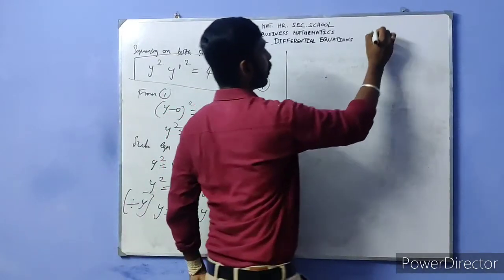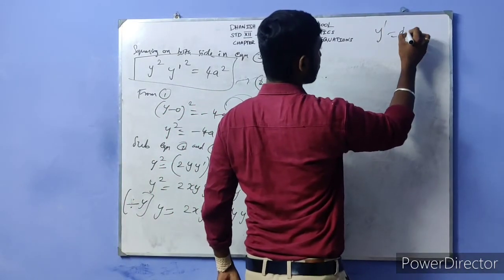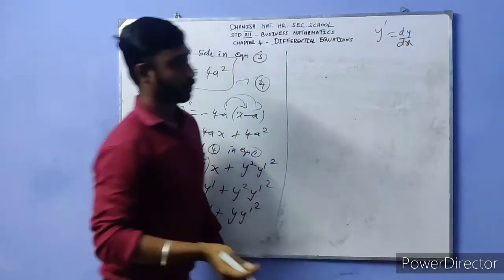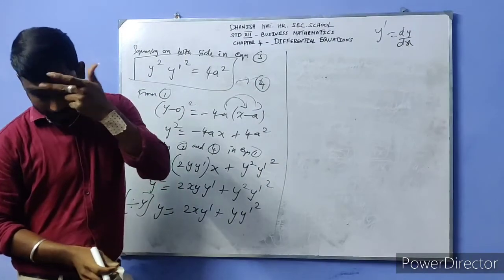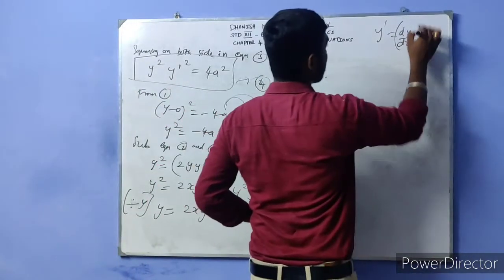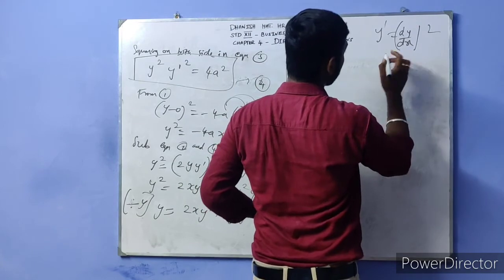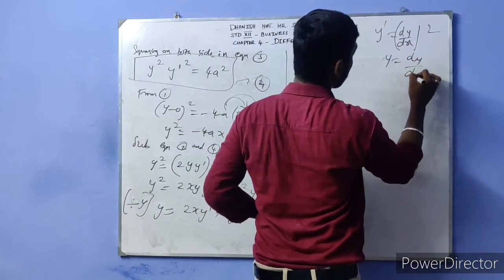So what is the meaning of y dash? That is dy divided by dx. What is the meaning of y dash of square? That is dy divided by dx the whole square. Now we substitute into the equation. So for y dash, the meaning is dy divided by dx.